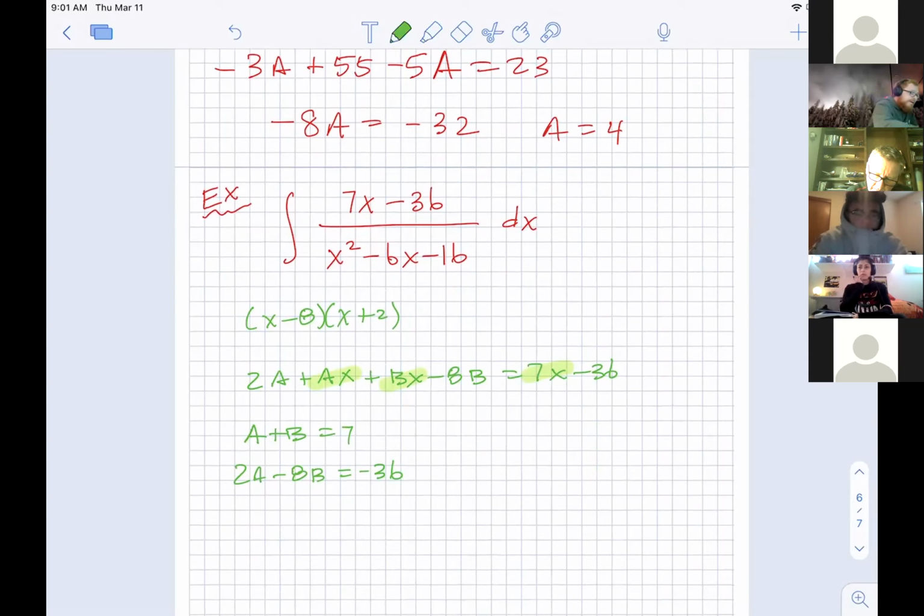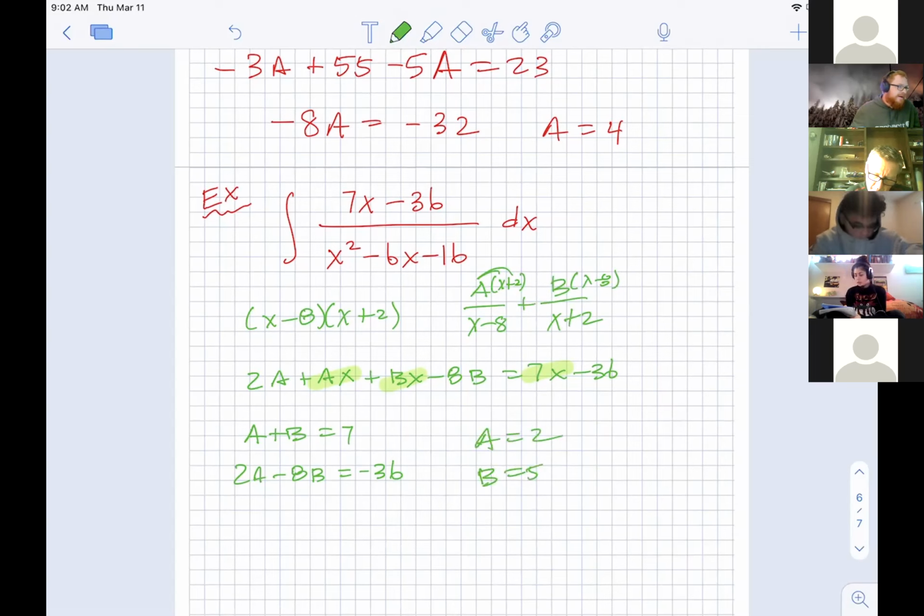Because I was skipping some steps up here because I was thinking of it as A over X minus 8 plus B over X plus 2. So when I multiplied this one top and bottom by X plus 2 and this one top and bottom by X minus 8, I have A times X and A times 2. Okay. That's wrong. Let's see, 8.